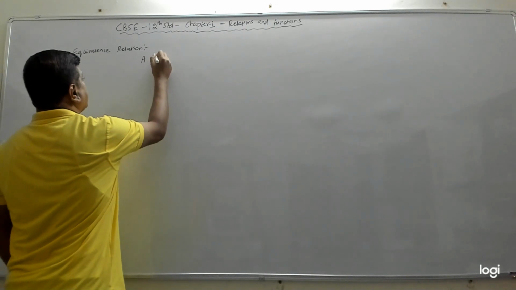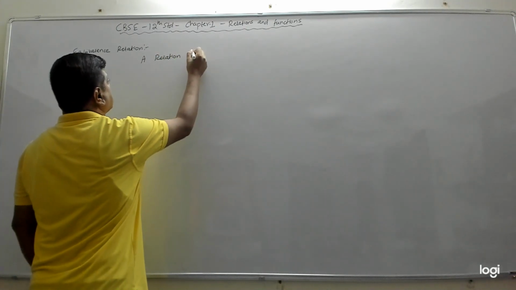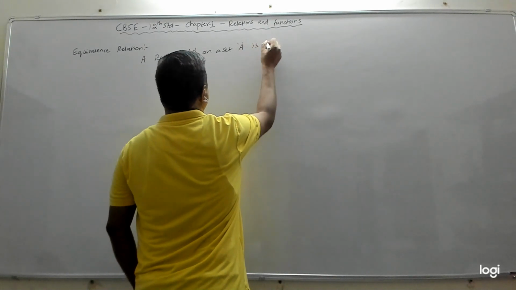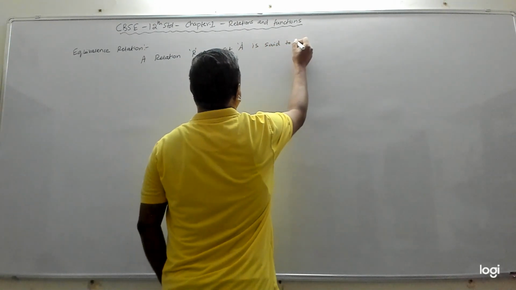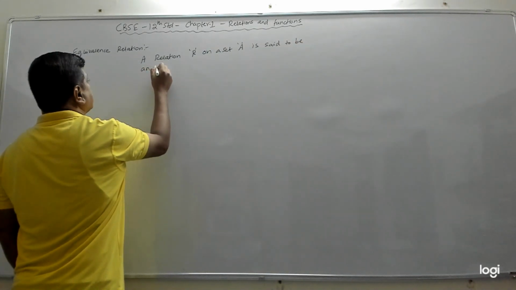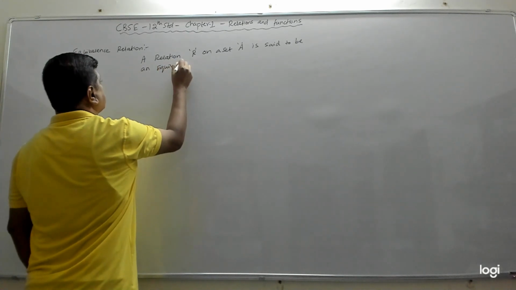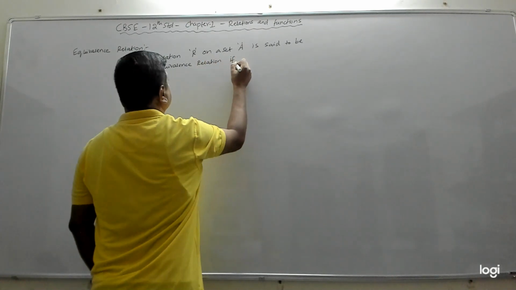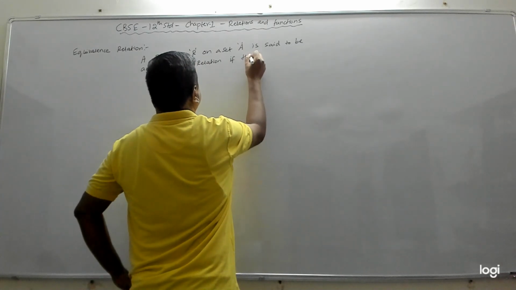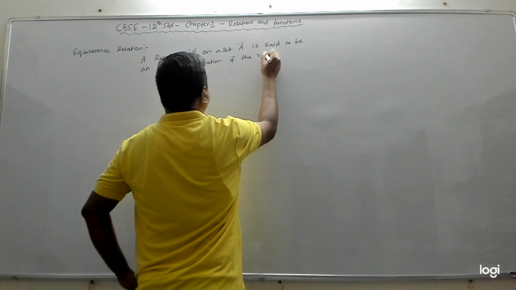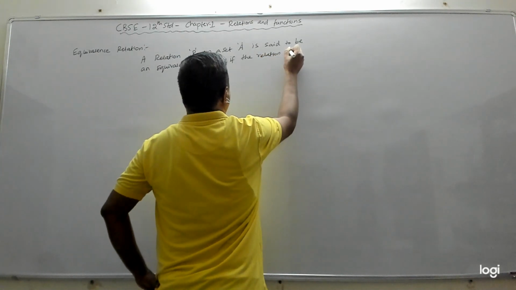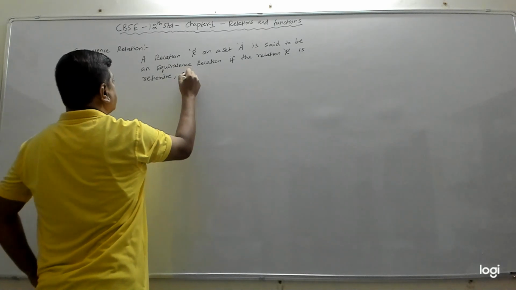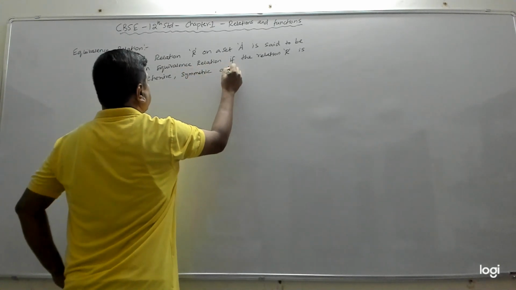A relation R on a set A is said to be an equivalence relation if the relation R is reflexive, symmetric and transitive.